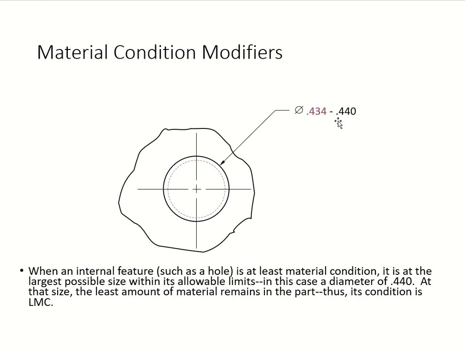We have to use their slides, so it's really bad. Some of them are misleading. Anyway, you have to choose 0.440. That way, you're going to leave the least amount of material, meaning you cut a giant hole through it. So your part will be left with the least amount of material.